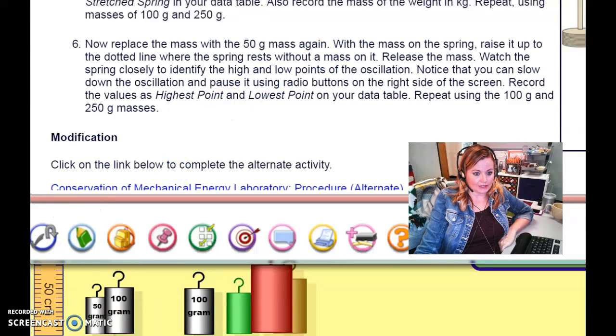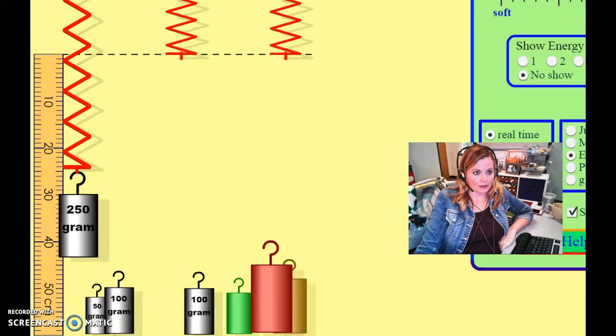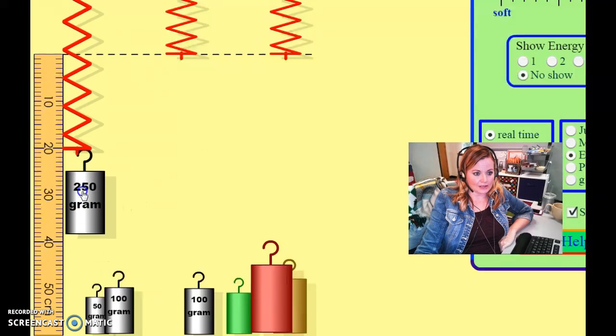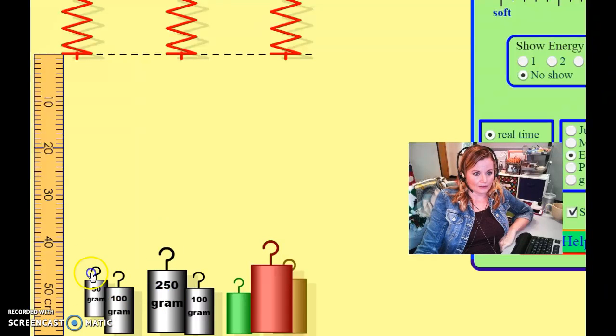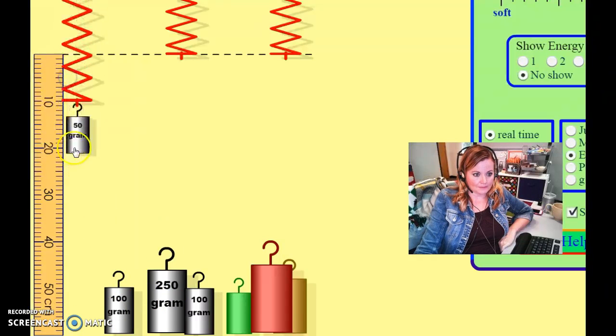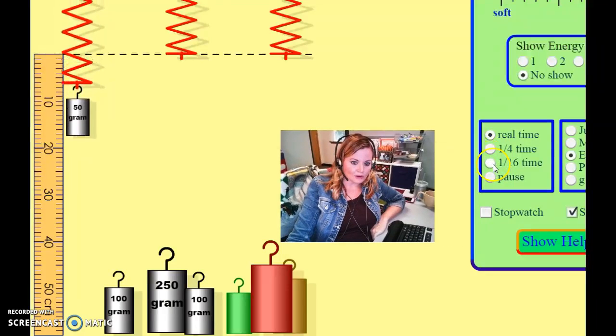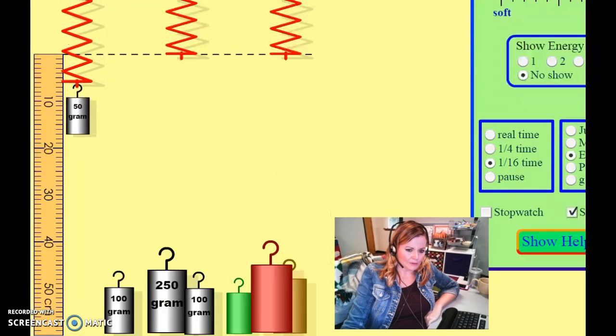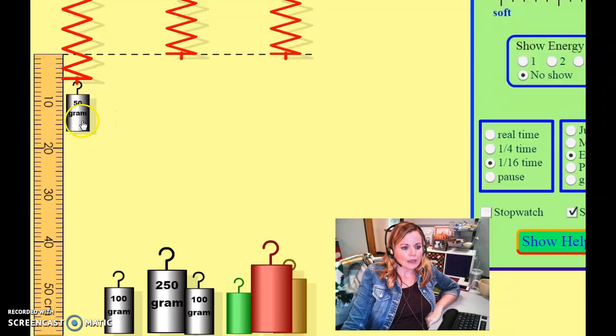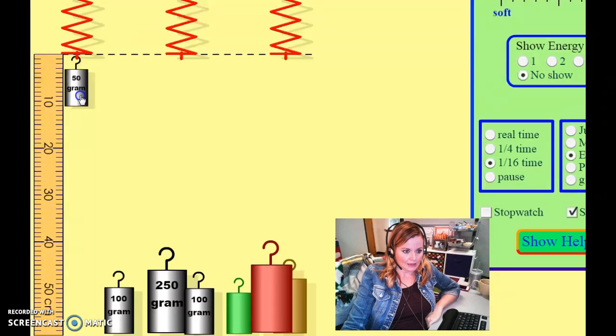So let's go back and clarify that real quick. The spring is normally going to rest right there. I'm going to select 1/16th time over here, maybe a little too slow, but we'll see. And I'm going to bring this up to where the spring normally rests, and it normally rests at 0.